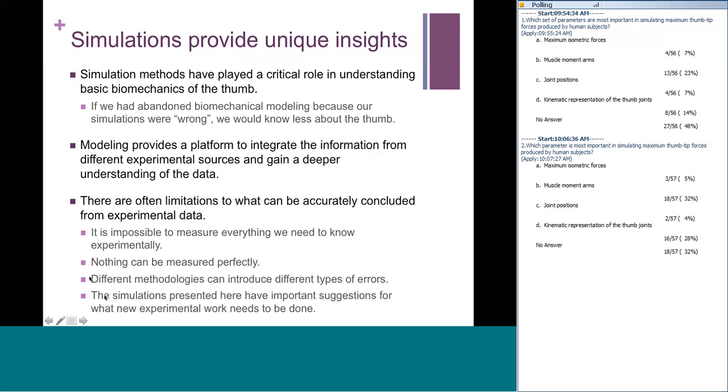The other thing is, because these experiments are so hard to complete, the simulations here are especially useful because they can help us design smarter experiments and limit the work we're doing in the lab by helping us focus on what we really need to improve our models.